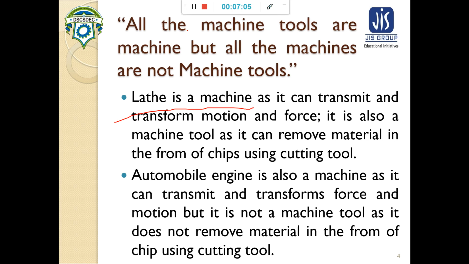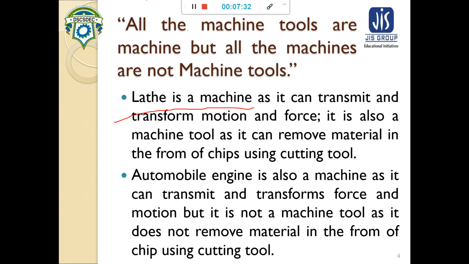What is the purpose of that lathe? The purpose of that lathe is to remove material from the workpiece, and that is achieved by using a wedge-shaped tool, that is called a cutting tool. So we can say that a lathe is a machine as well as a machine tool.